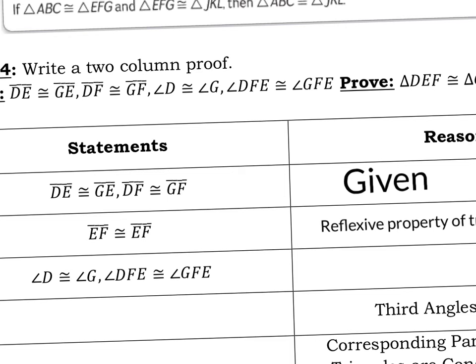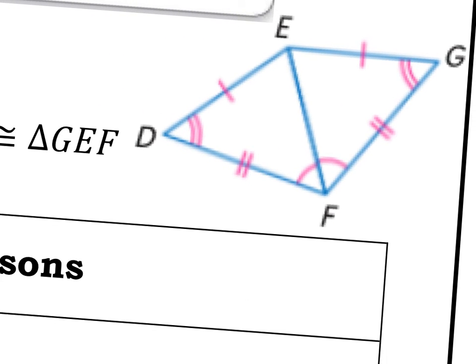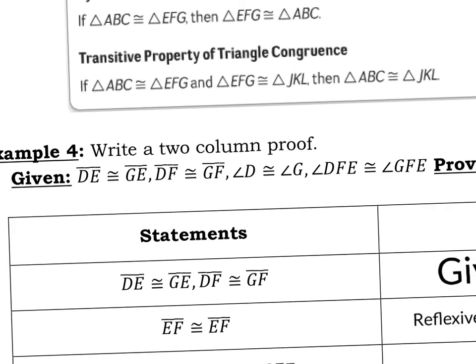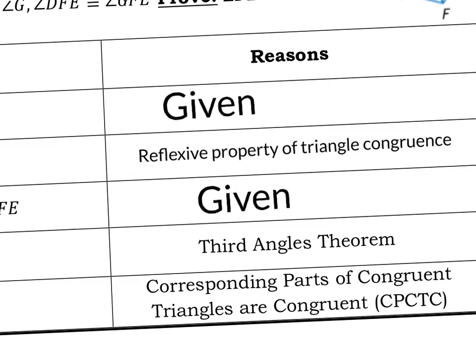If you look at the given statement, 2 of the angle pairs are given to you. And so that is what comes next in the statement box. Those 2 marked angles were already marked and also in the given statement, so you can just say that your reason is that it's given.